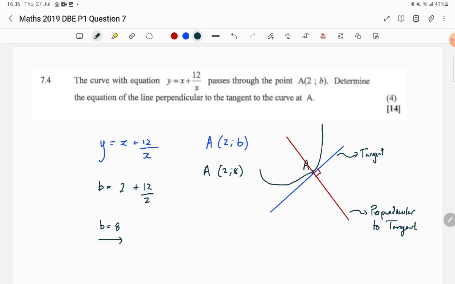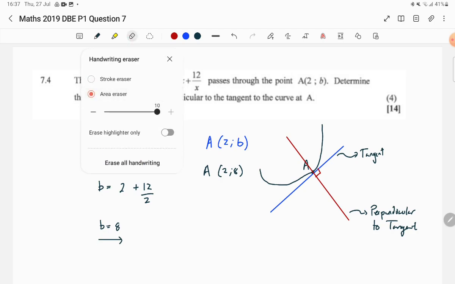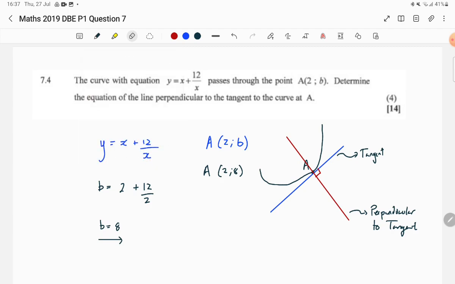Firstly, we can determine the gradient of the tangent, because once we have it, we can work out the gradient of the line perpendicular to the tangent, since the gradients multiplied together give us -1. At point A, the gradient of the curve and the gradient of the tangent are exactly the same.